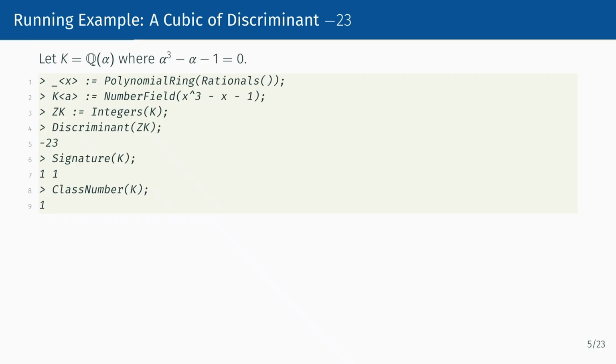Okay, the example that I want to choose to do some Magma computations today will be a cubic field. We'll take the cubic field of discriminant minus 23. You can represent it by an element that is the root of x cubed minus x minus 1.